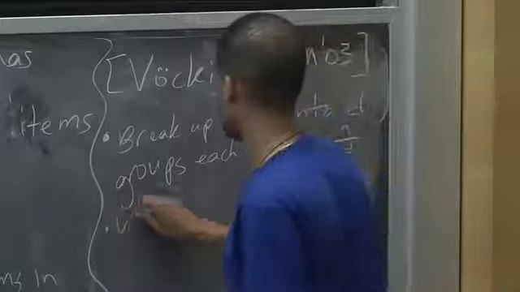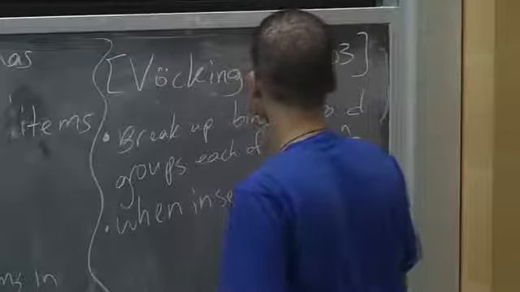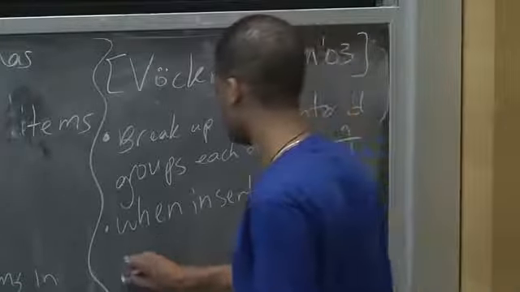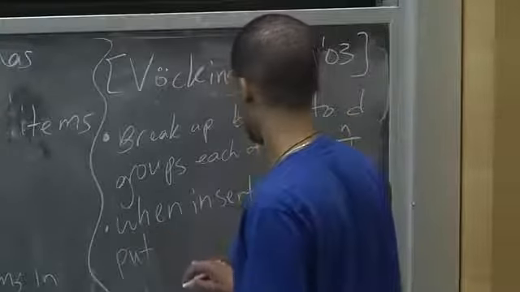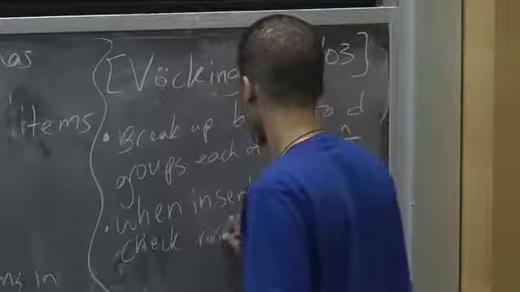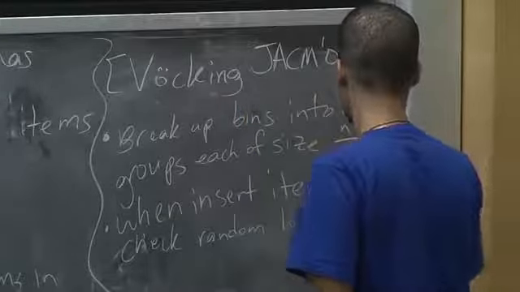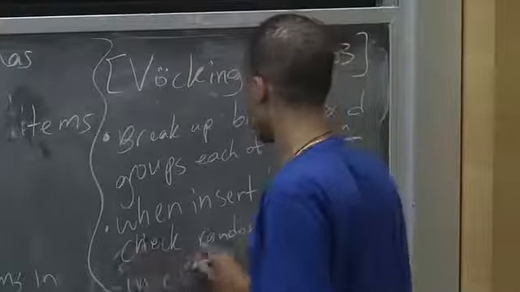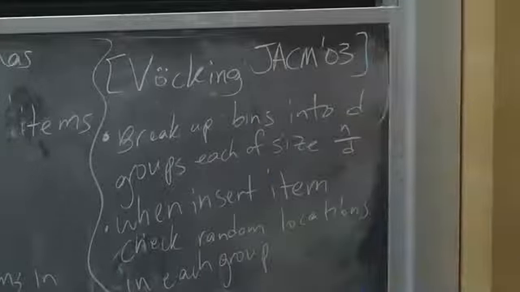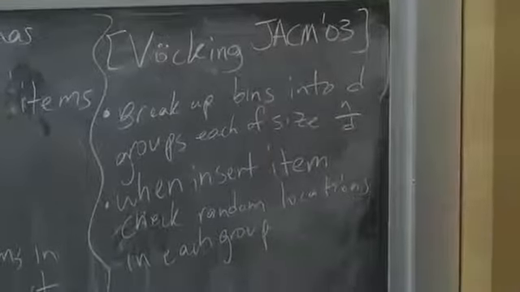When you insert an item, check random locations in each group. So it's not just d random locations, period. It's one random location per group, which is d locations.